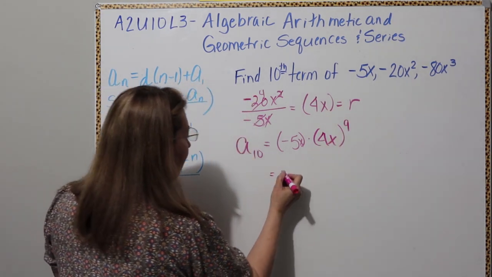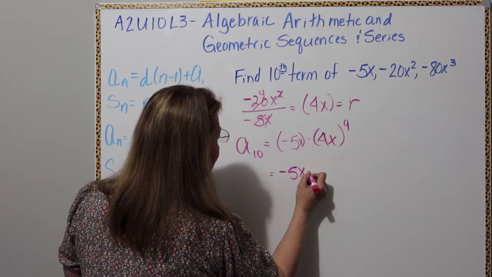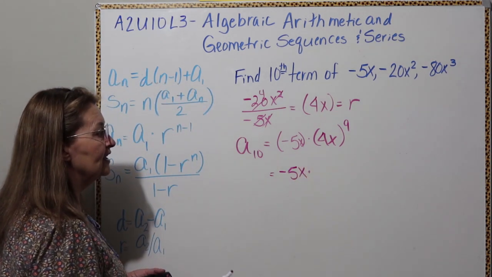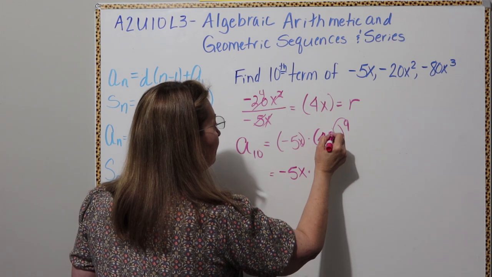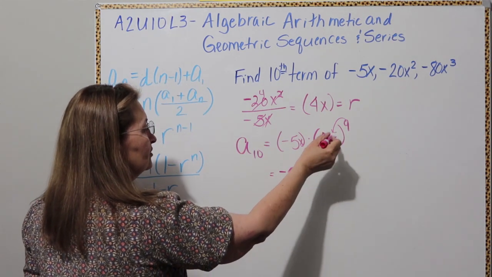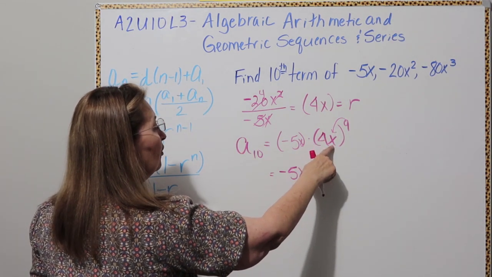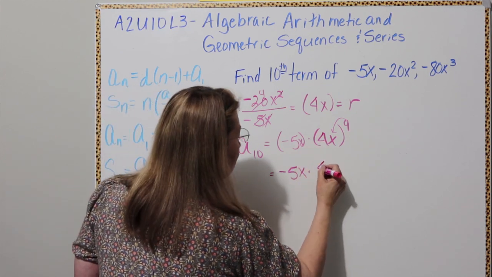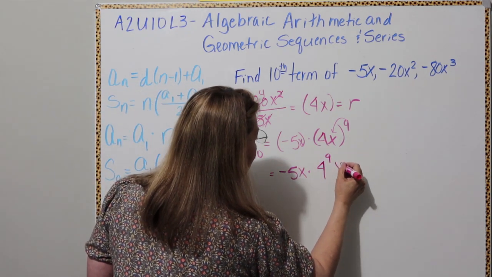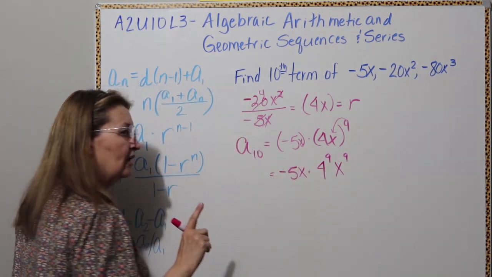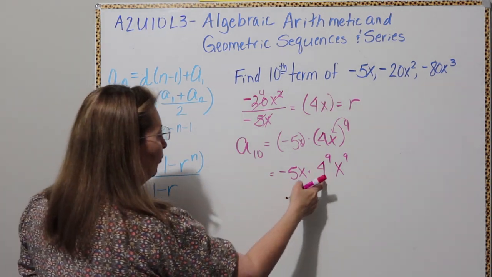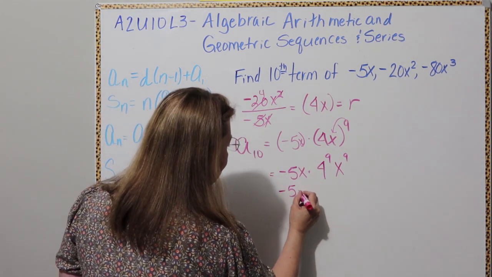So now to simplify, I'm going to have negative 5x times. The biggest mistake I've seen lately is everybody wants to just give this exponent to your variable, but both of these get it. So what you actually have is 4 to the 9th, x to the 9th. So watch that.